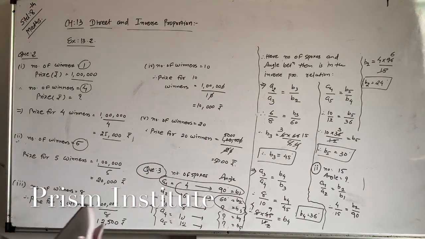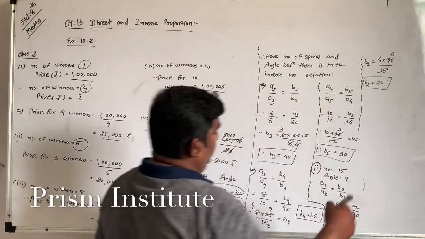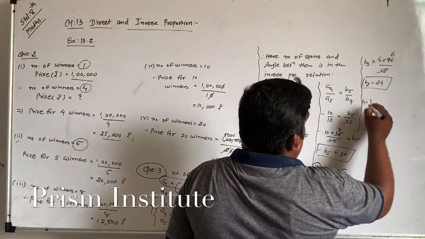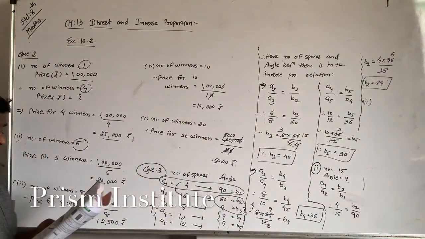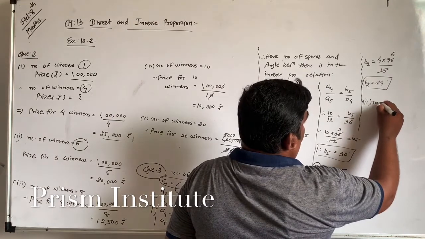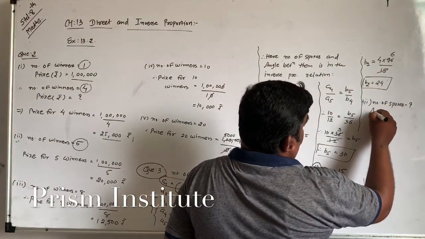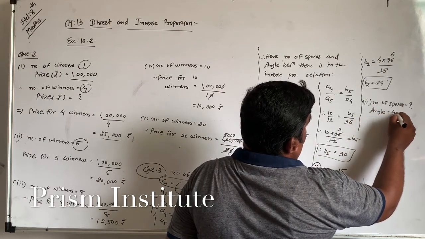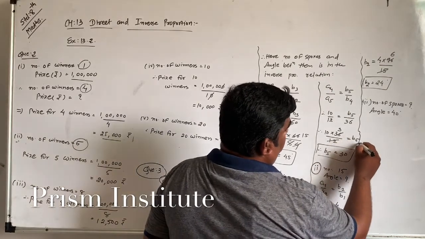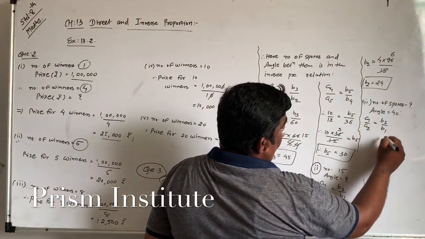Now the next question, the third one: how many spokes would be needed if the angle is given as 40 degrees? Here we want to find the number of spokes. Again using inverse proportion relation, A1 upon A2 equals B2 upon B1.